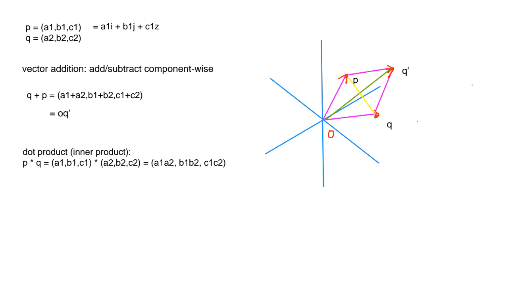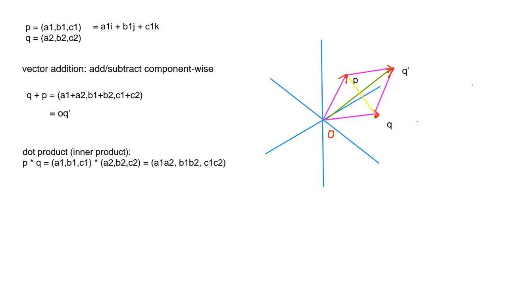So i is actually a vector, j is a vector, and k is a vector. I, j, k are vectors. Let me show you where i, j, k are hiding.